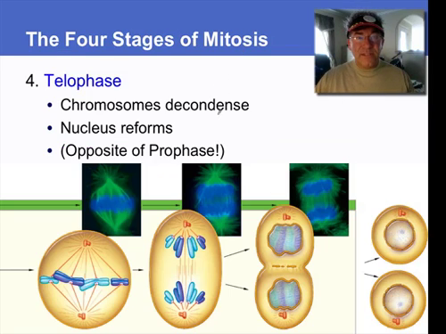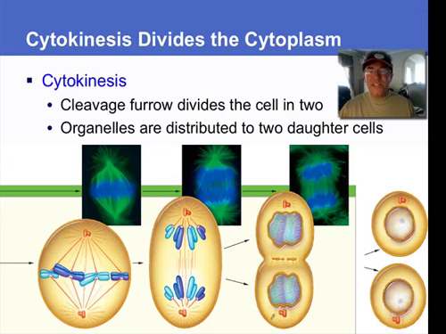Finally, in mitosis, we have a telophase stage, which is this one right here. And telophase here is the opposite of prophase. So the nuclear membrane reforms, chromosomes decondense, and spindle fibers by this time have disappeared as well. We still have essentially one cell with two nuclei now.